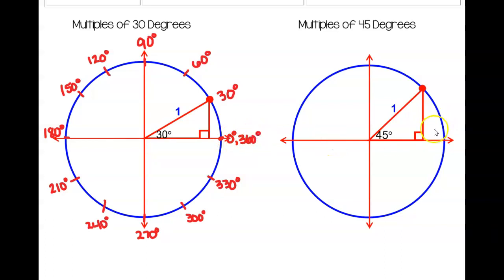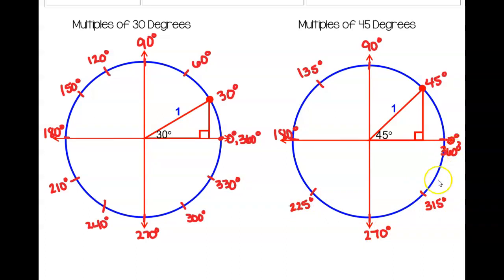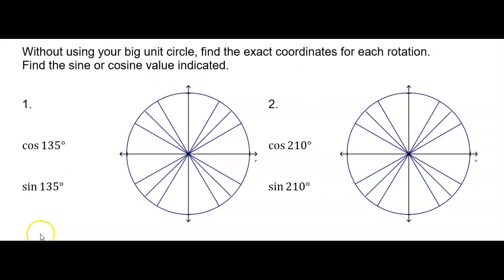Let's do the same thing for our multiples of 45. So again, this is a 0-degree rotation, 45, and then go ahead around the circle. And back to a 360 rotation, which is once around the circle.